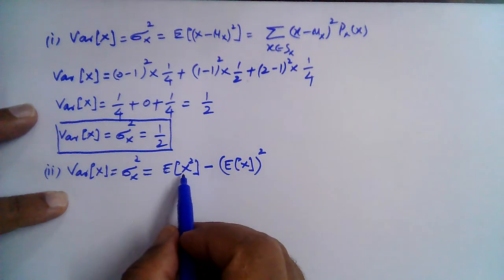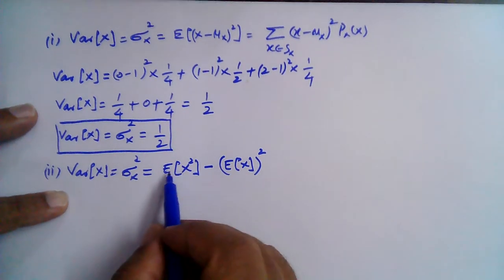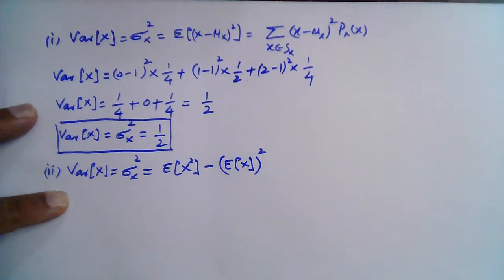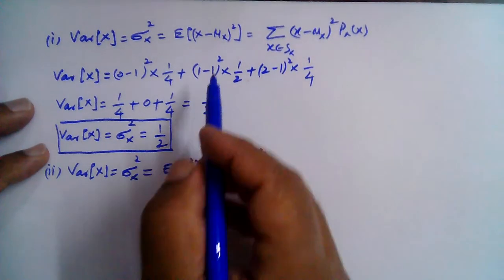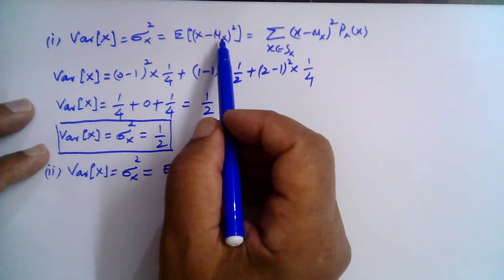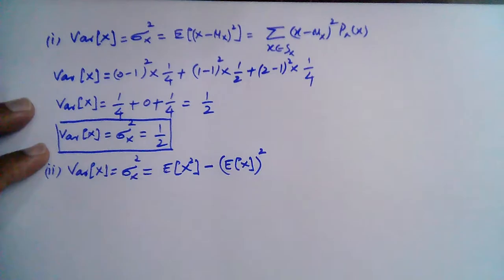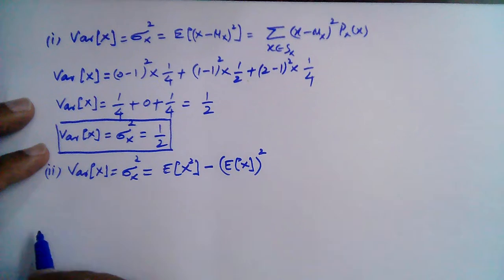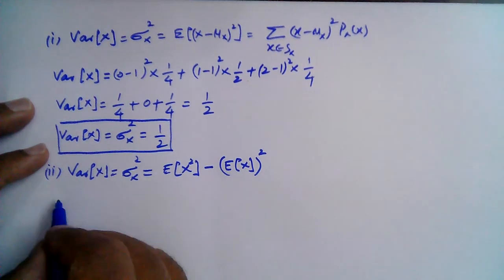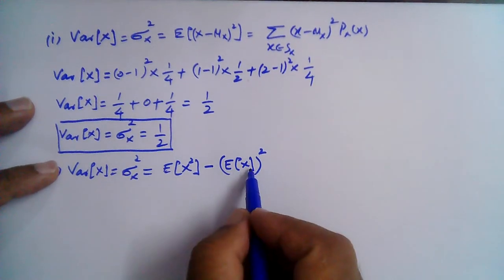Note that this is also known as the second moment of x around the origin, and this is the second moment of x around the mean, the central moment, right? So we need to just find this value. We already know this.